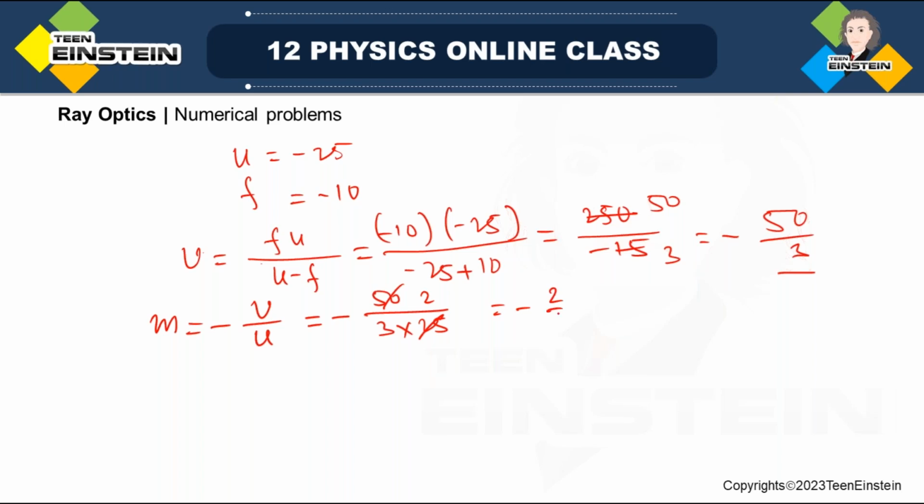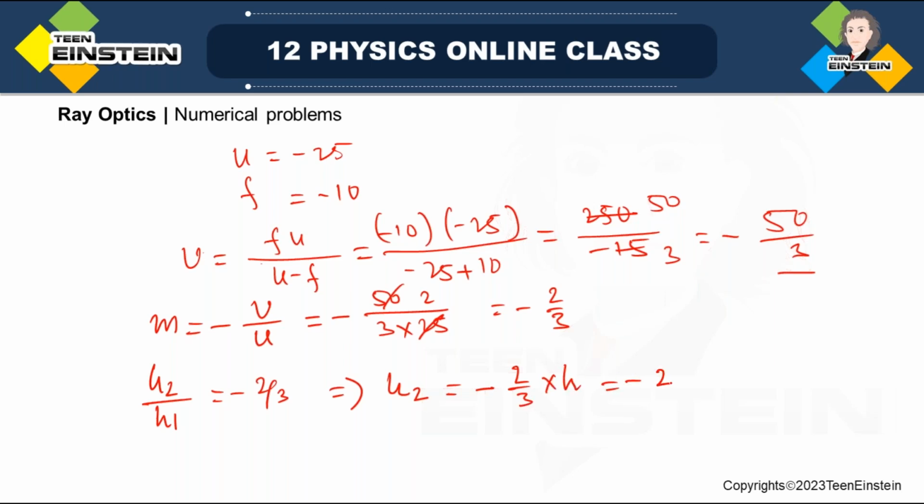Minus 2 by 3 we have got, and this can be written as image height by object height, which is equal to minus 2 by 3. So you look here, H2 is equal to minus 2 by 3 into H1.